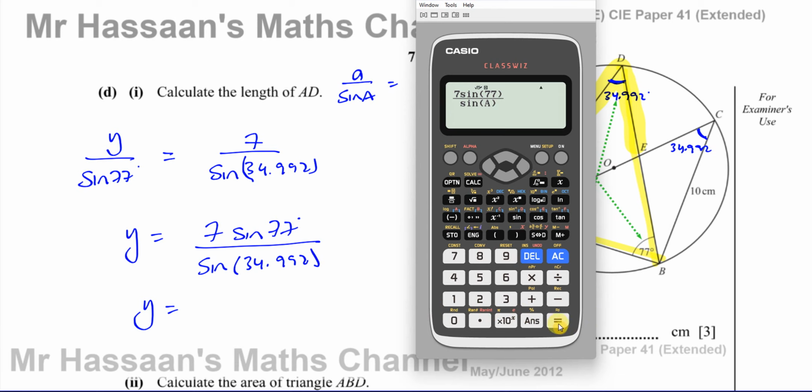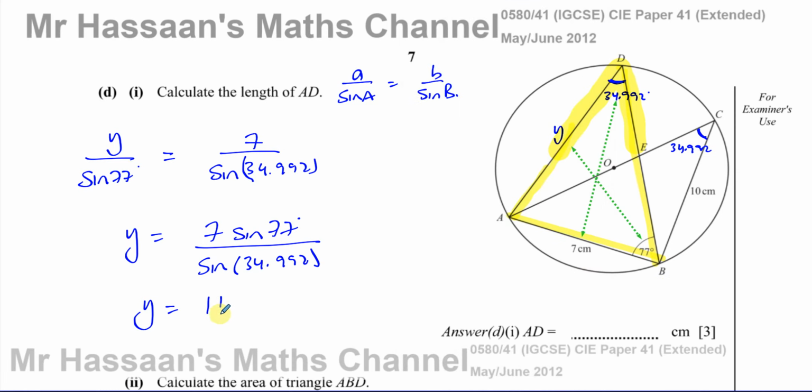So that will give me my answer, which is 11.8937. To 3SF, that's going to be 11.9 centimeters, because it didn't say how to round it, so we round to 3 significant figures. So there is the answer to part D, part 1.